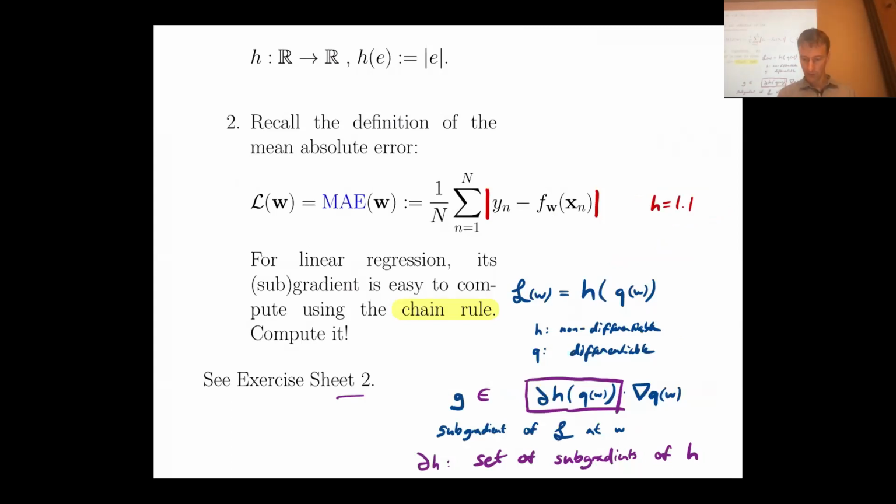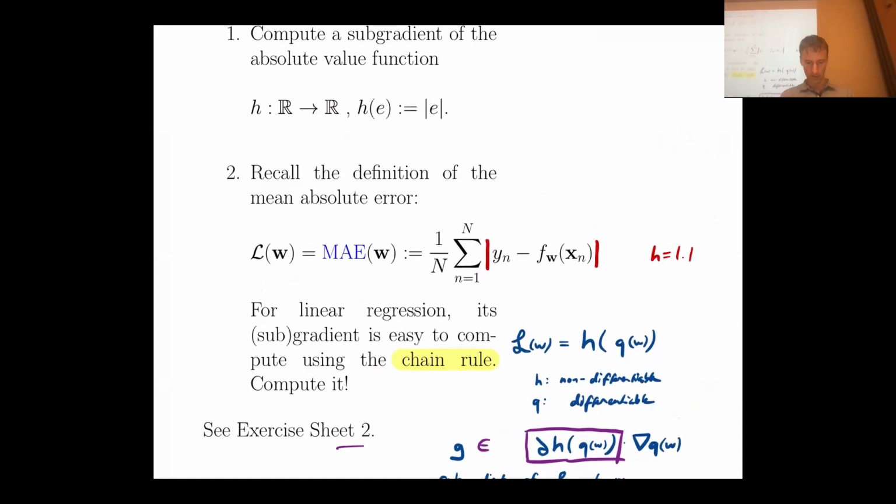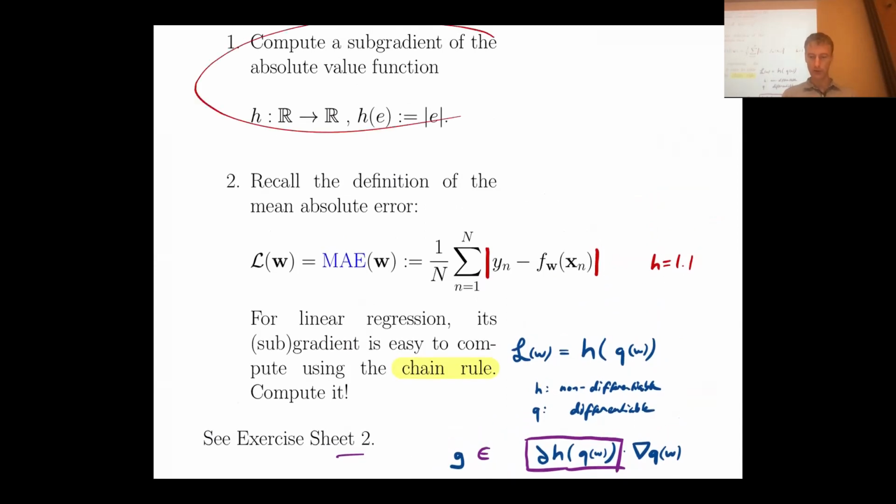So let's have a look at that, and that's actually here. Can you tell me what is the subgradient of this thing? So it's a number then, a real number, right?